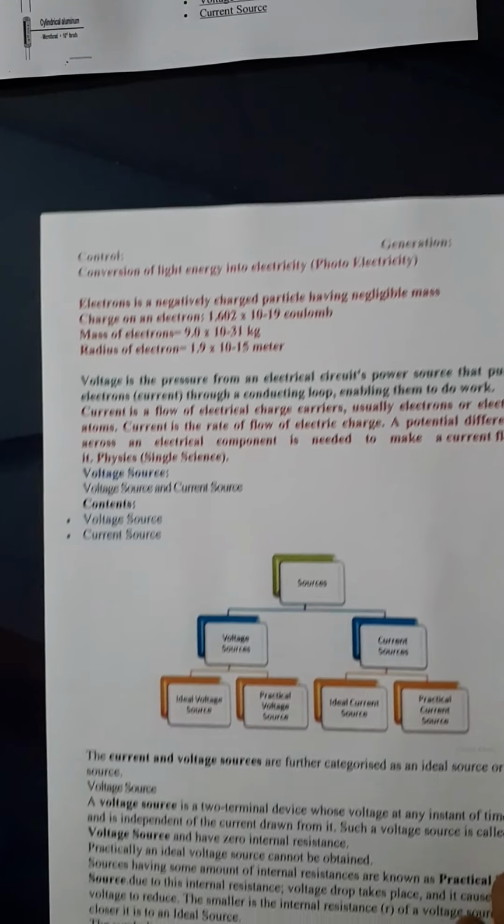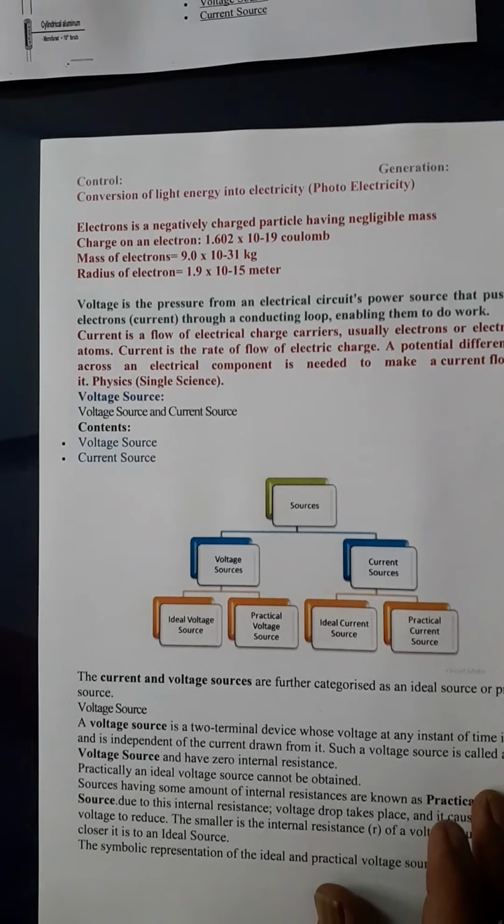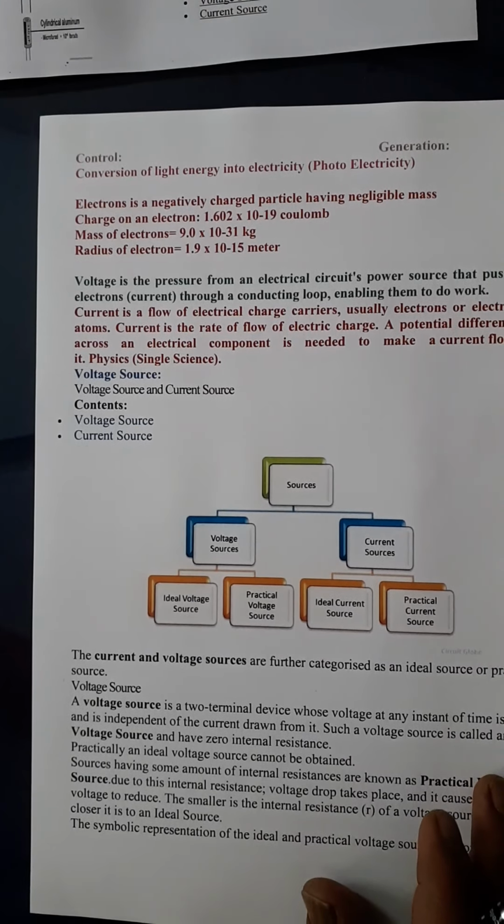So here, voltage sources and current sources. Sources means which provide the voltage or current to the circuit. So we have two types of sources here. One is the voltage source and the second one is the current source.